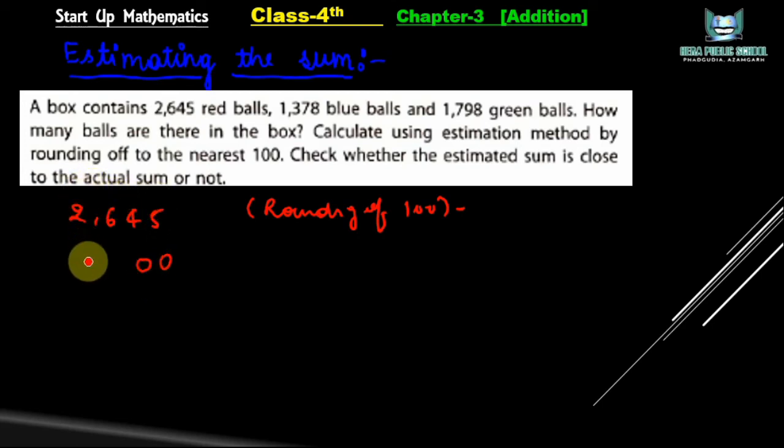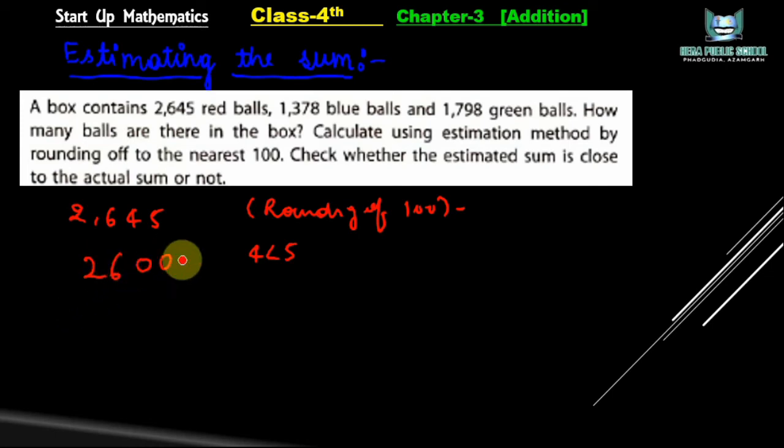So we compare the digit which is in the tens place, because we are going to round off the number to the nearest 100. So we know that 4 is less than 5. So no need to add any number to the next digit. So we will write the next digit as it is. So this is 6 and 2.